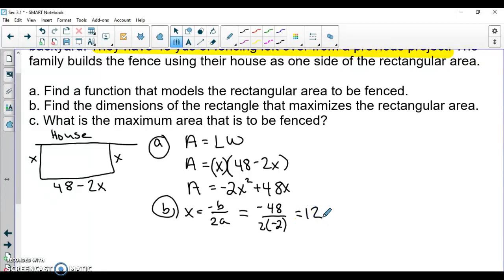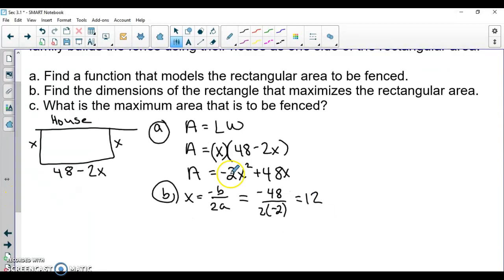That just tells me one part of my dimension. I'm going to take the 12 and plug it in so I can figure out the other dimension. I'm going to plug it into the equation for the side, 48 minus 2x, to find the other side of my dimension.